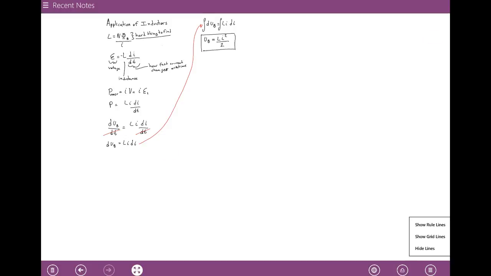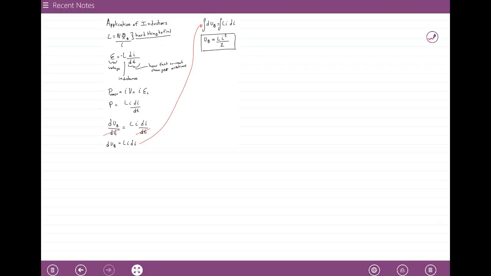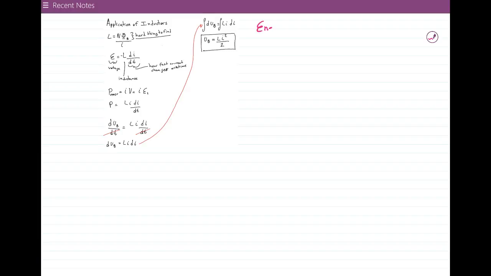That's going to be lowercase u. Cross-sectional area times the length will give you the volume.